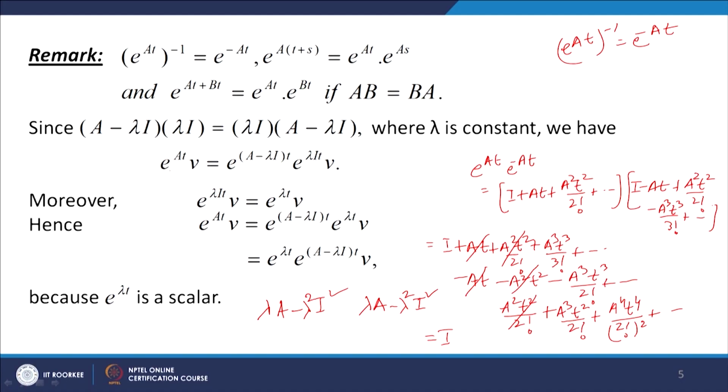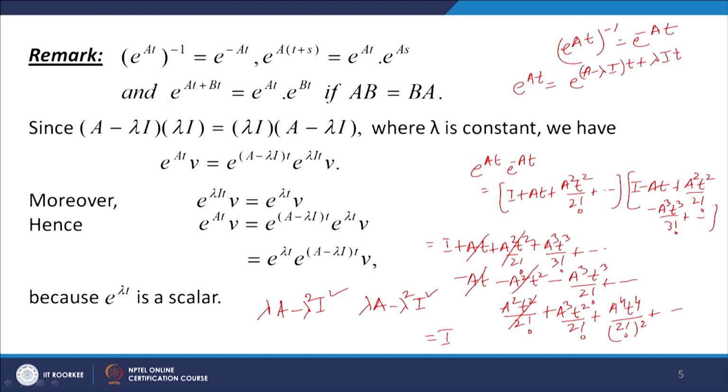Now, using this property, e to the power a t into b. e to the power a t is equal to e to the power a minus lambda I into t plus lambda I t.